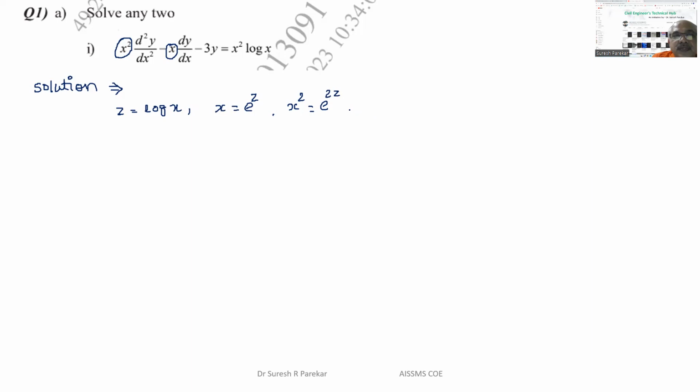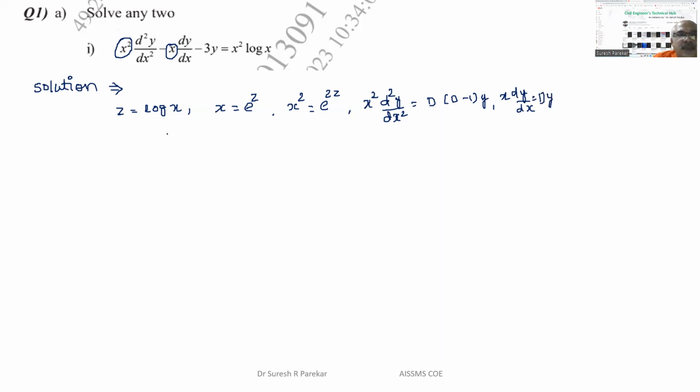Then we have to substitute x square d2y by dx square. Now you have to see the video related to Cauchy's equation. So it equals D in bracket D minus 1 into y, and x dy by dx equals Dy.